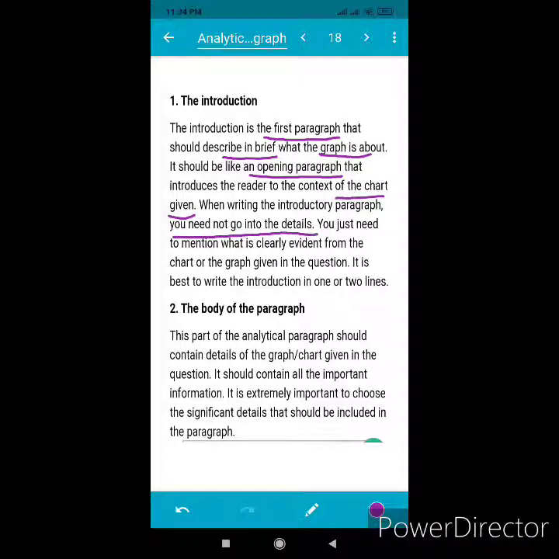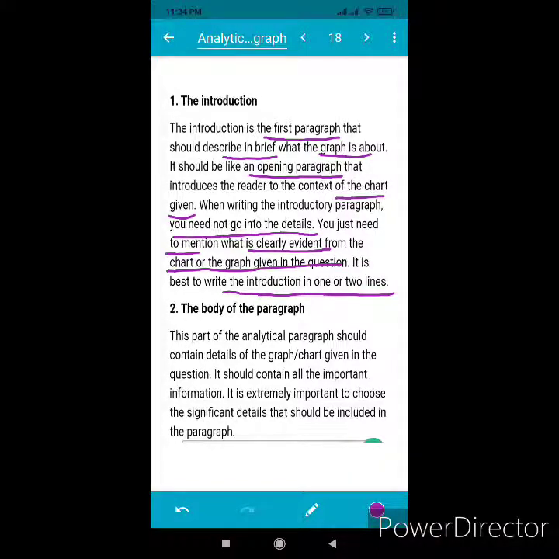Keep this in your mind. You just need to mention what is clearly evident from the chart or the graph given in the question. Is this clear to you? Whatever information has been given in the chart or the graph in the question, you have to mention the same one. It is best to write the introduction in 1 or 2 lines. This is the best way.